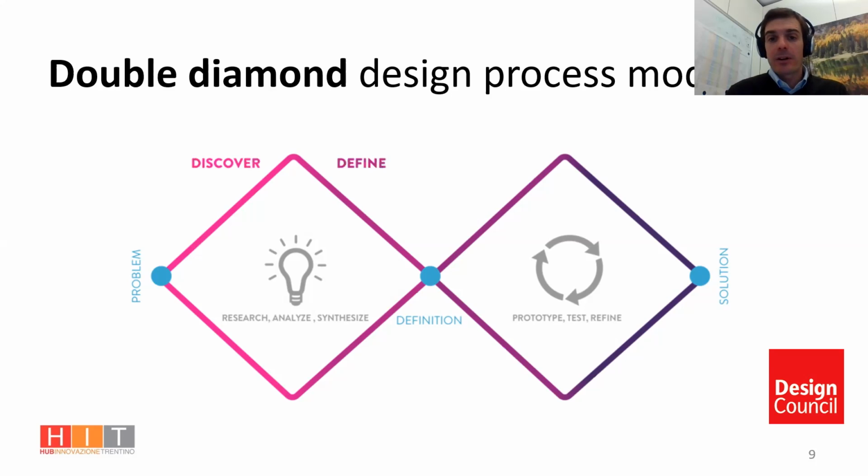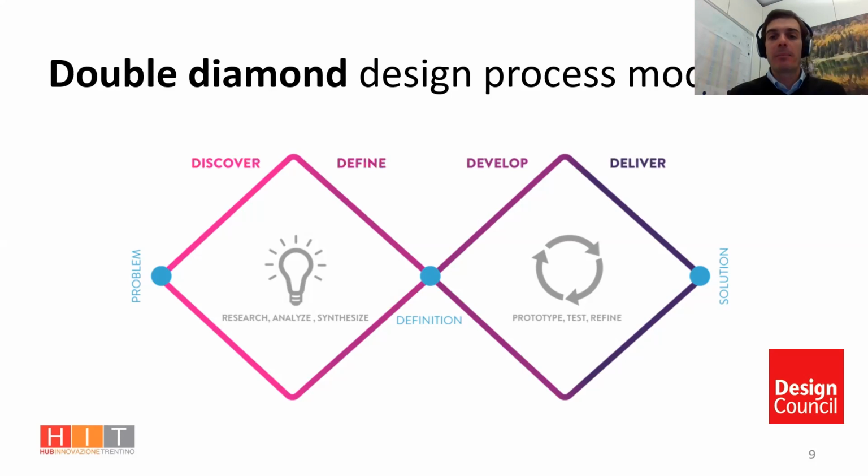The second part of the double diamond design thinking process is made of two other phases: develop and deliver. Meaning that only once you have got to a clear problem definition, you start developing potential ideas of solutions, and then you deliver the final solution that you want to bring to your user or to your client.